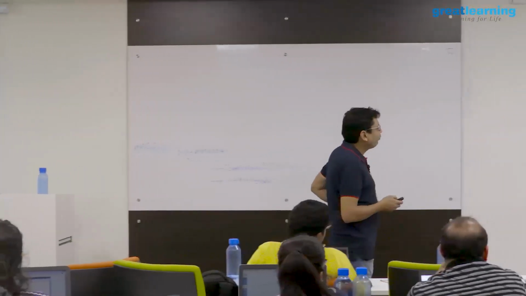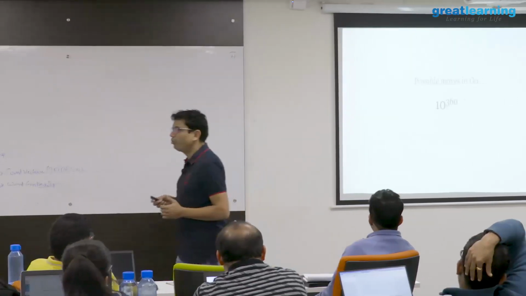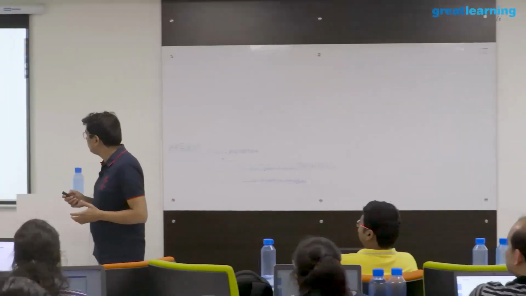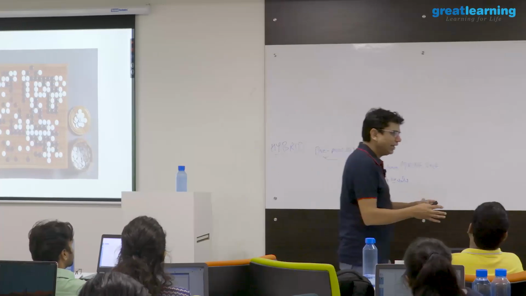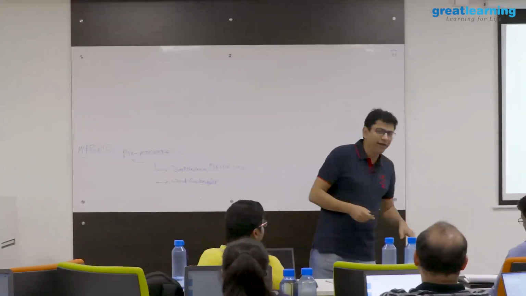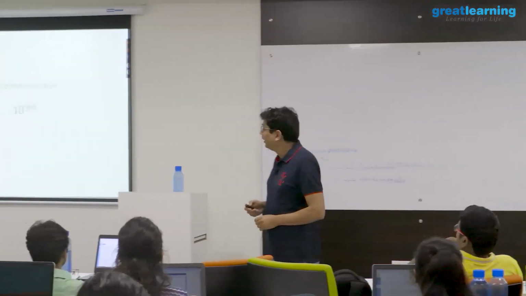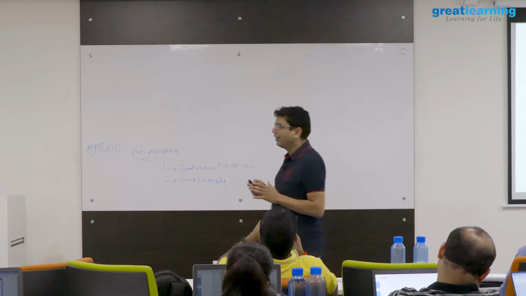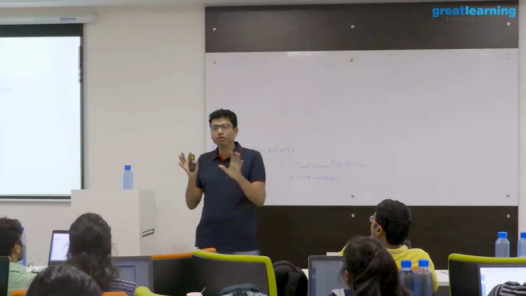So why are we talking about Go? It's the number that we have to deal with, 10 raised to power 360. And Go has only 2 types of pieces, black and white. In chess we have quite a few, like 8, 9, maybe 10 different types of pieces, but in Go only 2 types of pieces are there, but the number of possible moves is 10 raised to power 360, which means we cannot actually apply brute computing power to have all those calculations done.